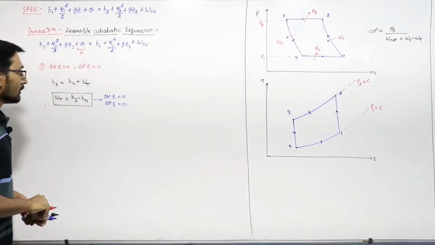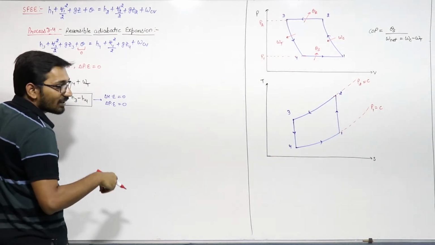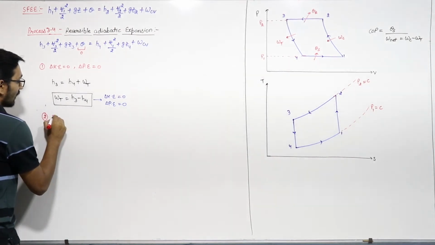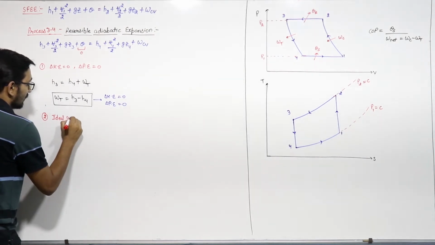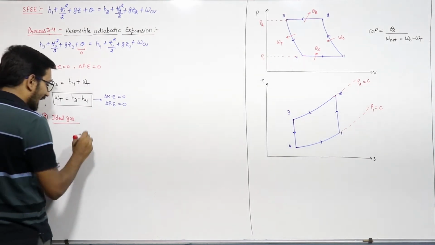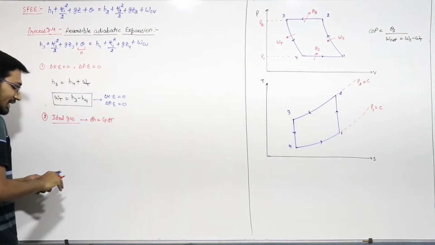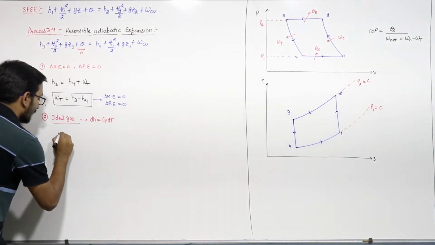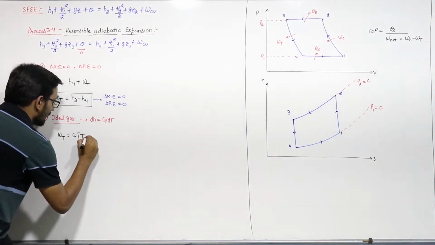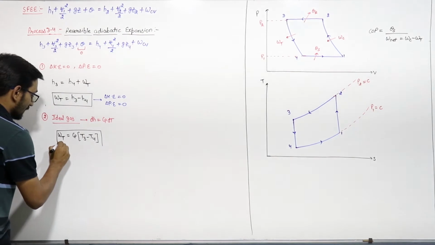Now, this is which process? Reversible adiabatic process. So I cannot write dH is equal to Cp dT unless we are assuming an ideal gas. This is important. If I take the second assumption, that is ideal gas, then dH will be equal to Cp dT, and the work done by the turbine will be Cp into T3 minus T4.